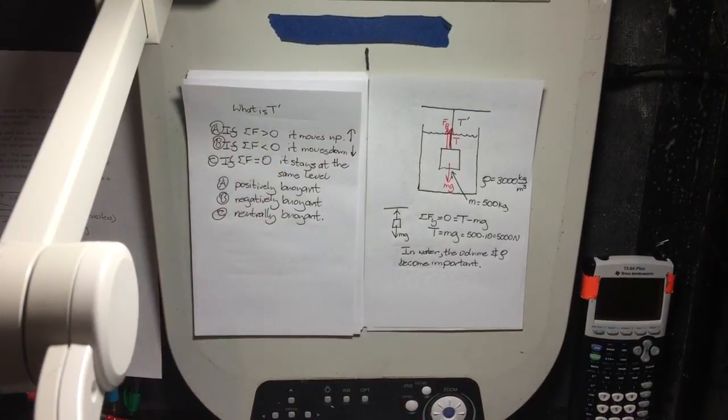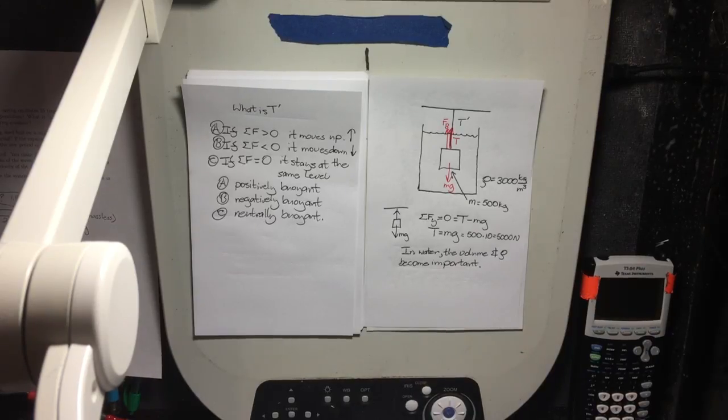And you should be able to know those terms. When you look at the term buoyant, you're dealing with a fluid, it's floating around somehow. Positively buoyant, up. Negatively buoyant, down. Neutrally buoyant, stays the same.